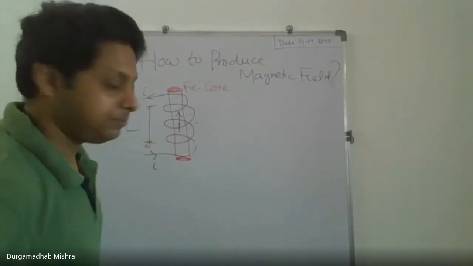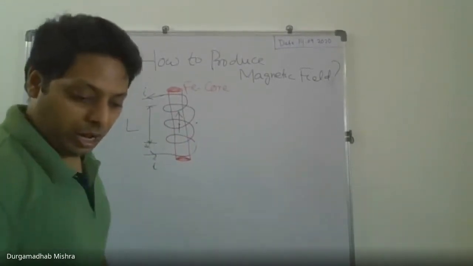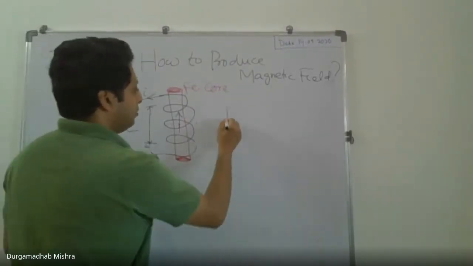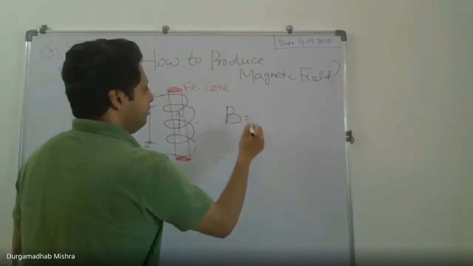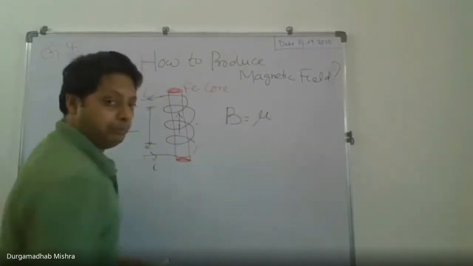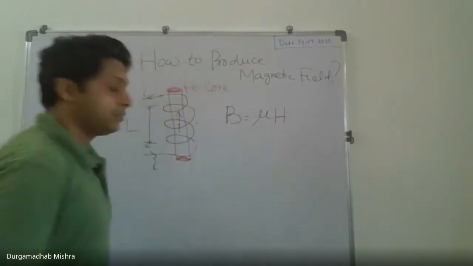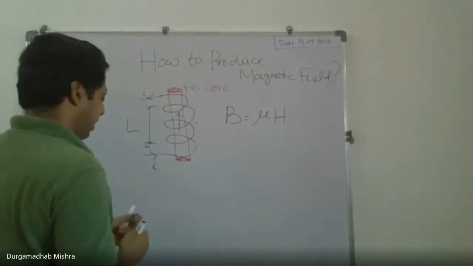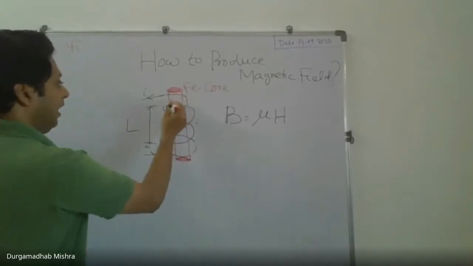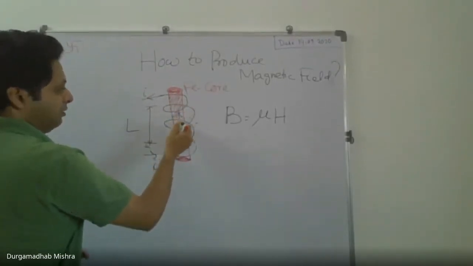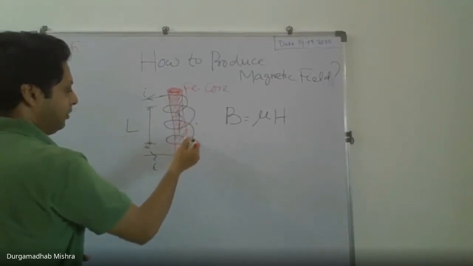So what happens? How much will be B? So B is again the same, but instead of mu naught, I will have mu into H, right? Since I have introduced this iron core, which has certain magnetization, right?